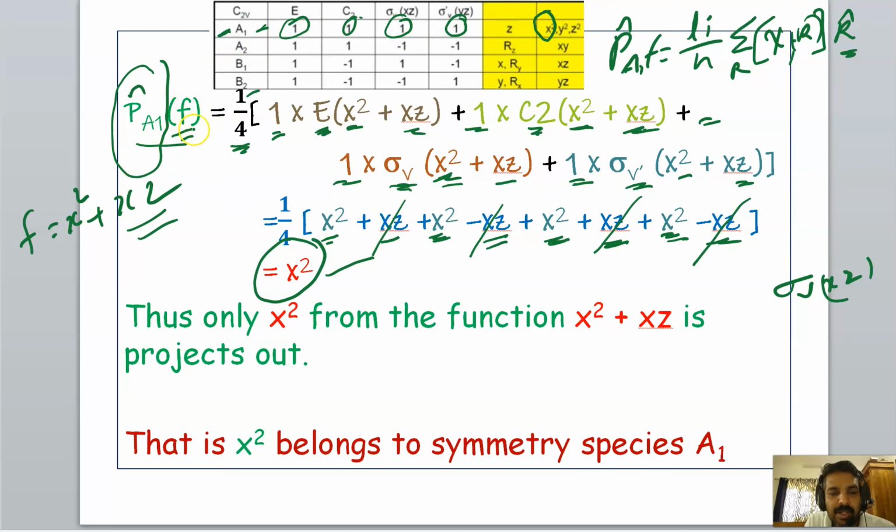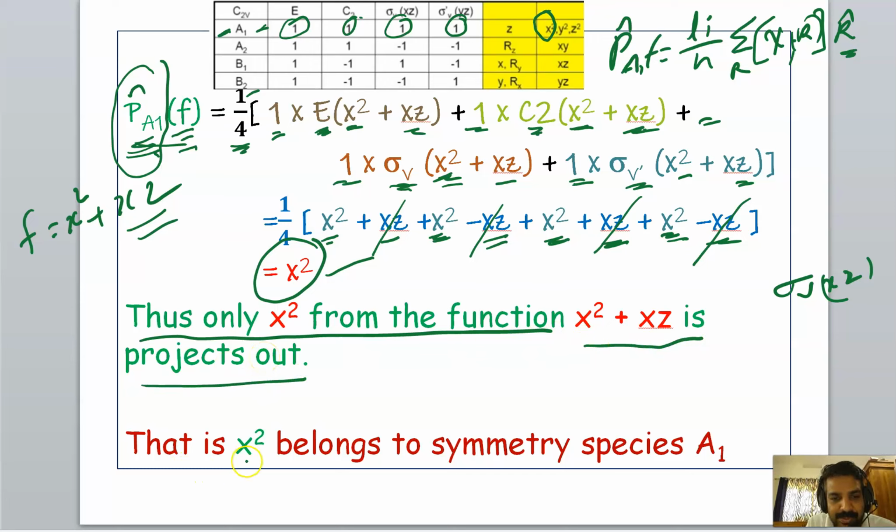Therefore, the projection operator P_A1, having the symmetry A1, acting on this function, it projects out only that part having the same symmetry. The other part is omitted. That is, of the function x square plus xz, only x square is projected out, because x square belongs to symmetry species A1.